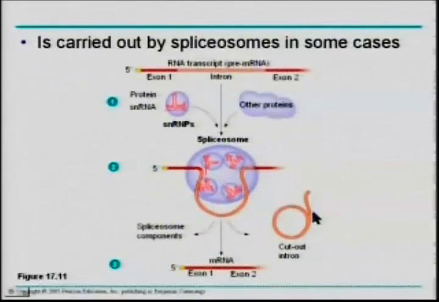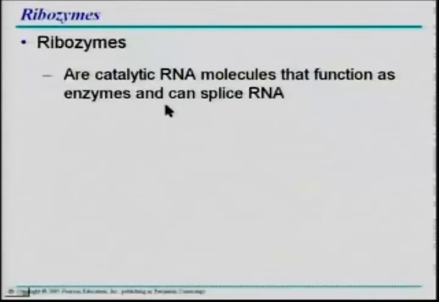There'll be a cutout chunk, the intron, and then the mature mRNA will already have its 5' cap and poly A tail. Mature mRNA will now be the linear sequence of the exons, unless there's some alternative processing or alternative splicing of the messenger RNA, which can occur for certain genes and under certain conditions.